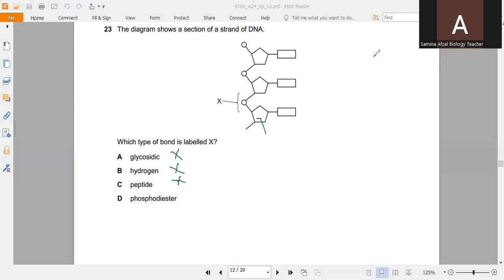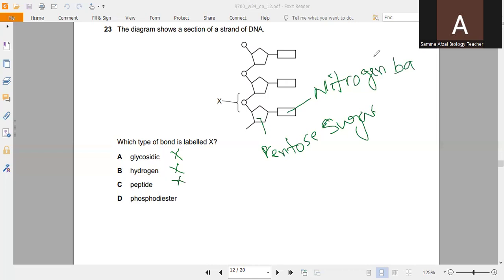You can see this is a pentose sugar, this is a nitrogen base, and this is the phosphate.